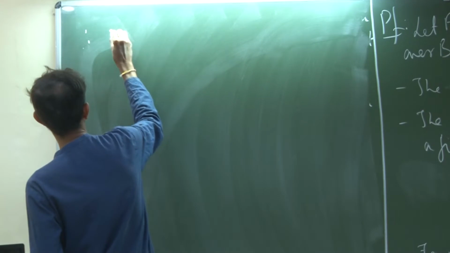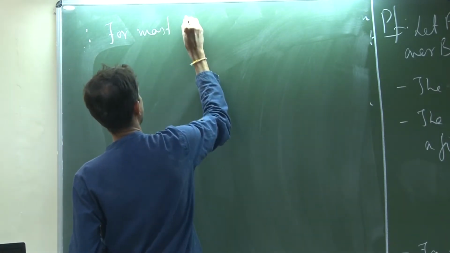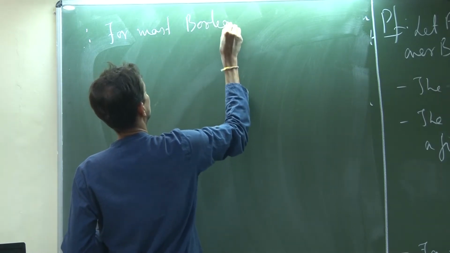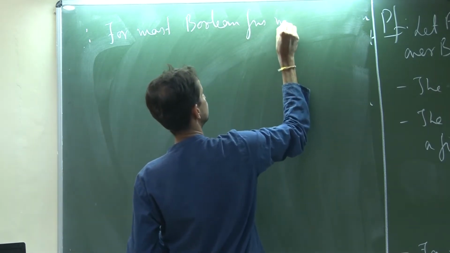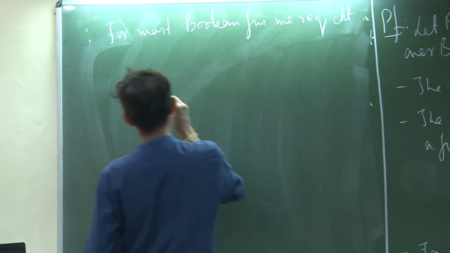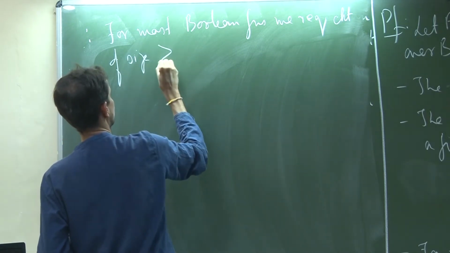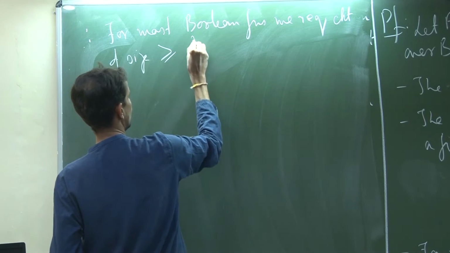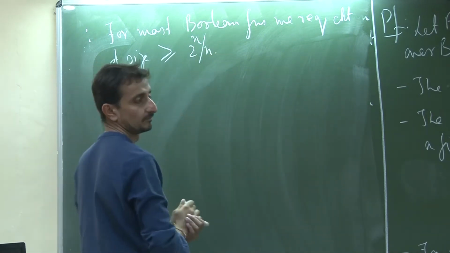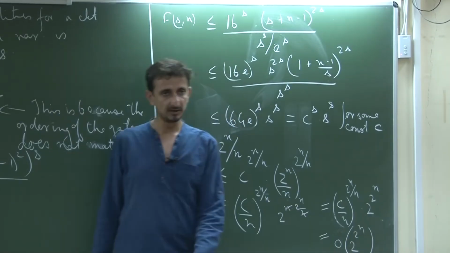Therefore, for most Boolean functions, we require circuits of size greater than or equal to 2 to the power n over n, because this was the number of circuits, which is asymptotically smaller than the total number of Boolean functions.